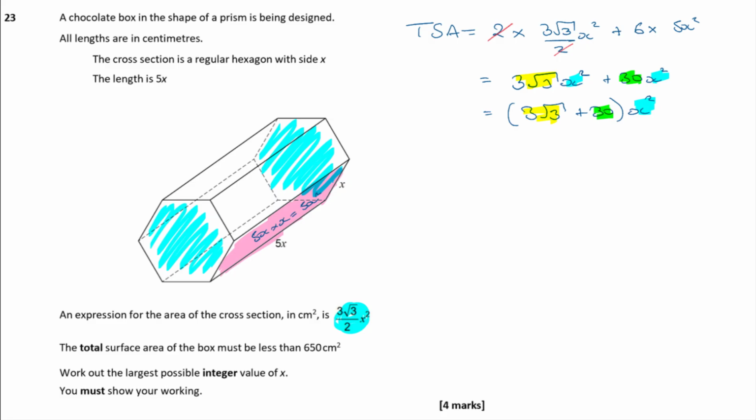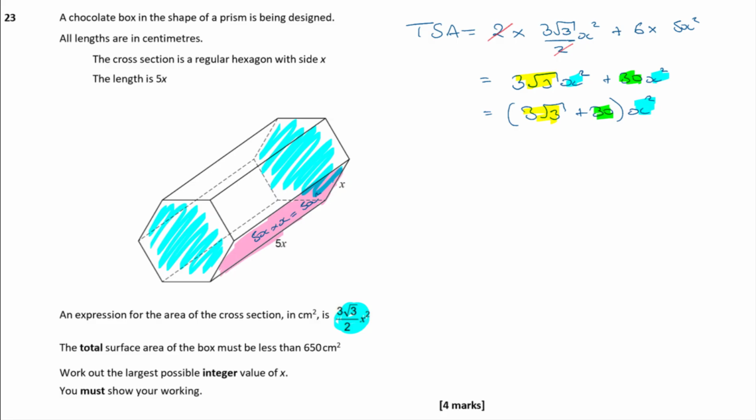Right, so what do we need to do with this? We need to work out the largest possible integer value of x such that the total surface area of the box is less than 650. So I feel like we've got an inequality coming on here.